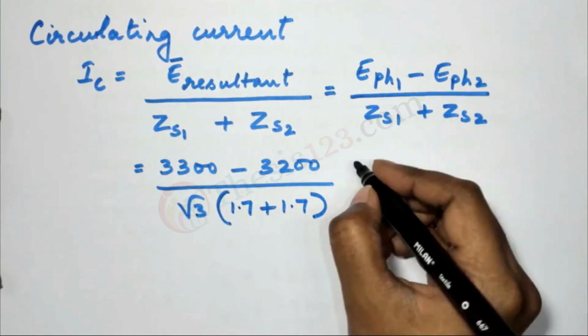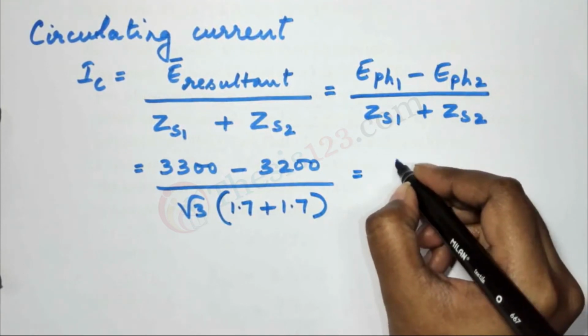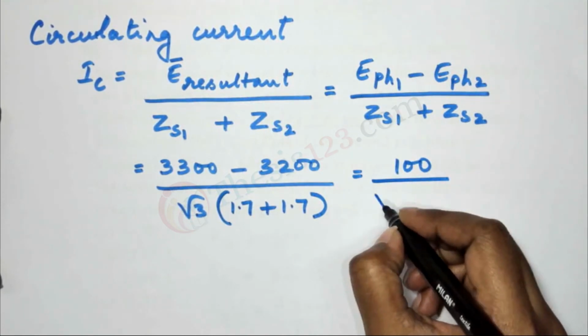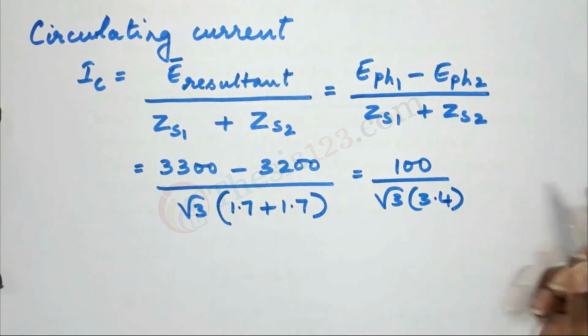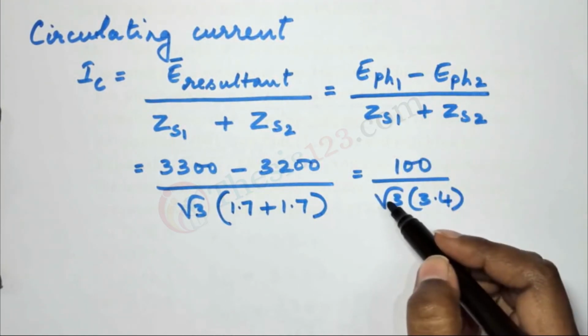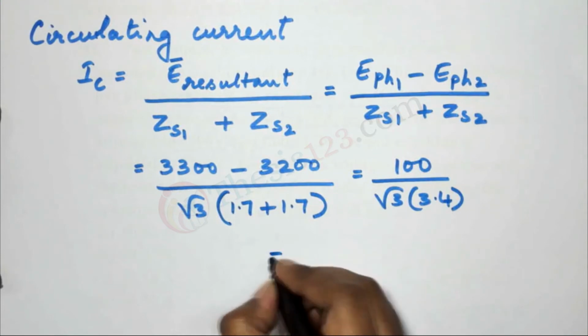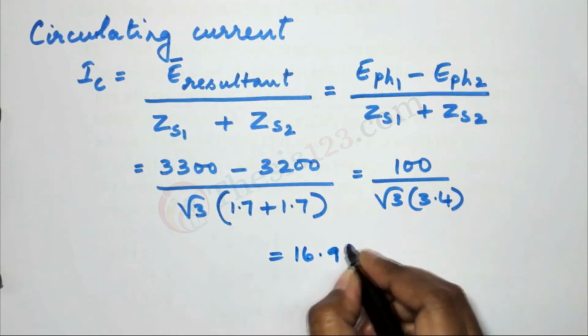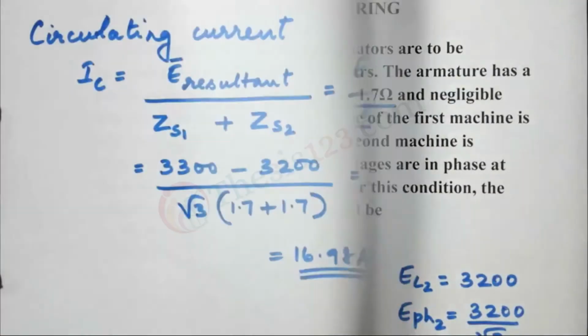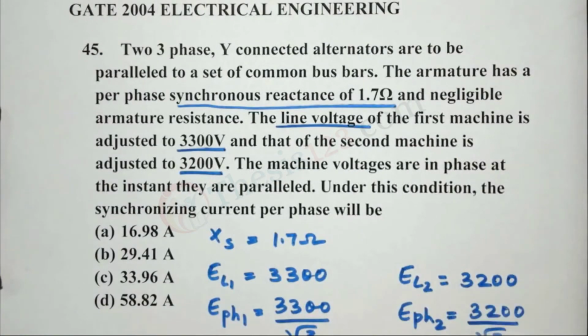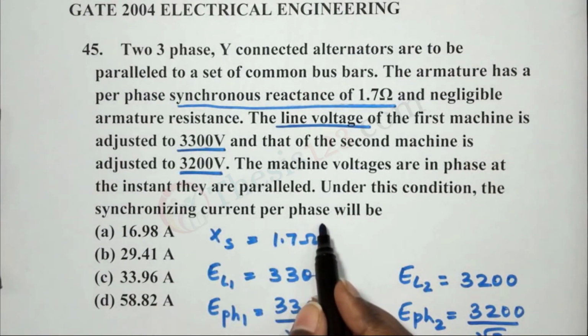Now solving this, we have 100 divided by root 3 times 3.4. Okay, so calculate this. You should get a value of 16.98 amps. So our circulating current is 16.98. So that is our synchronizing current per phase, 16.98.